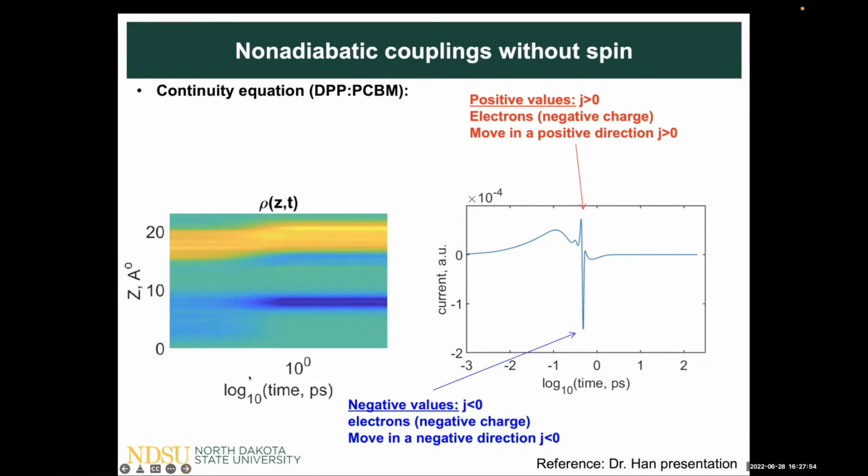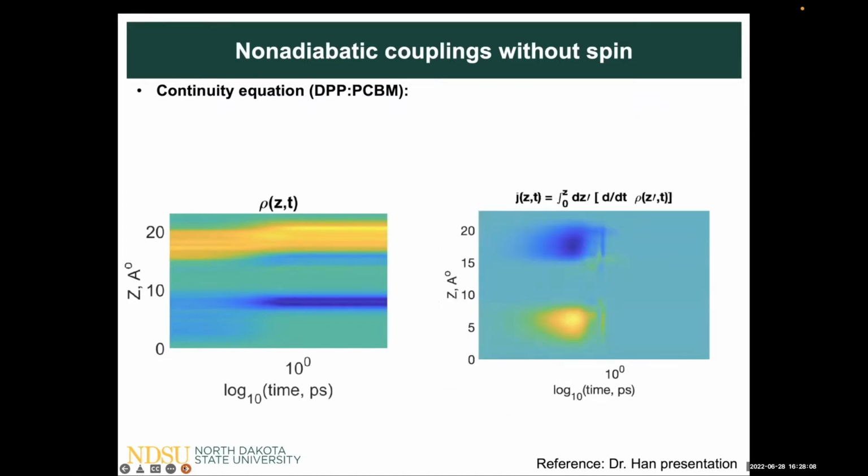Here, a positive value means the electrons move in the positive direction, and a negative value means the electrons move in the negative direction. And next, please. Here on the right you can see the amount of charge transfer at the interface at different times, the holes which are transferred and the electrons.